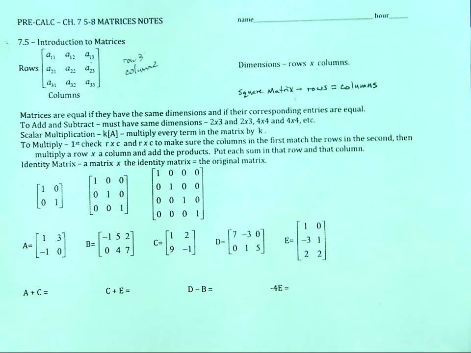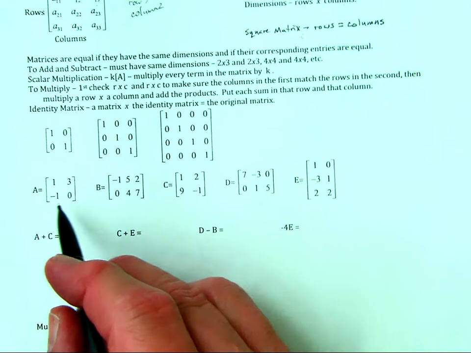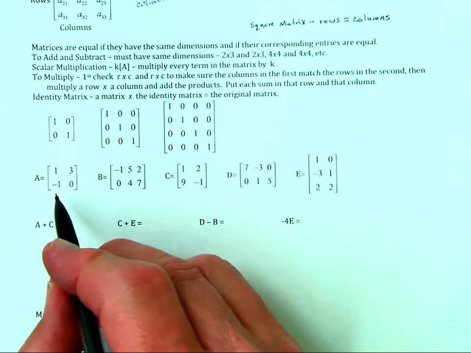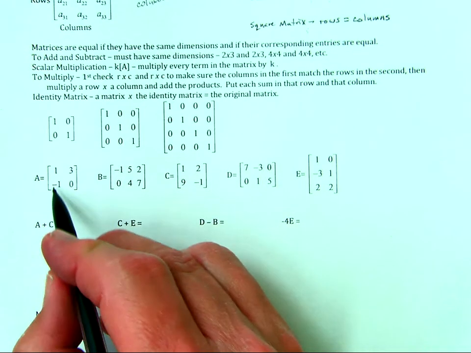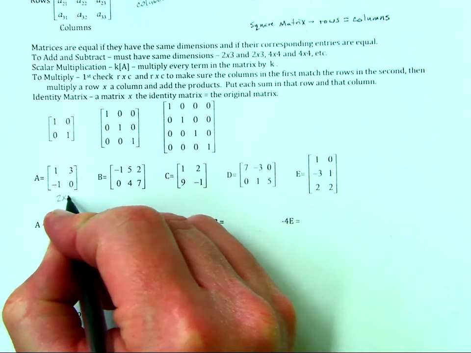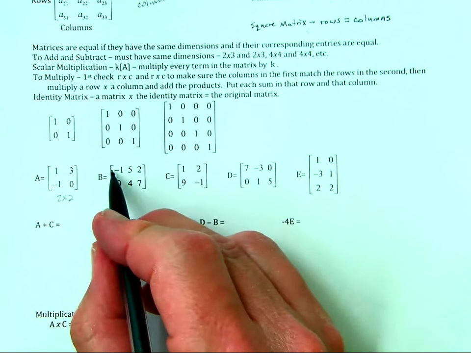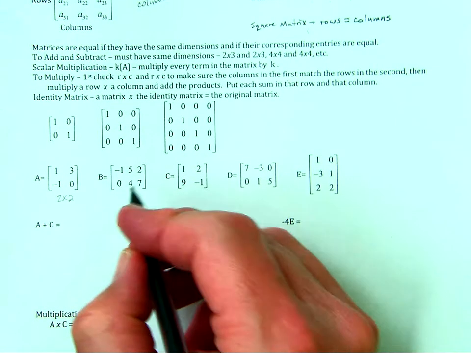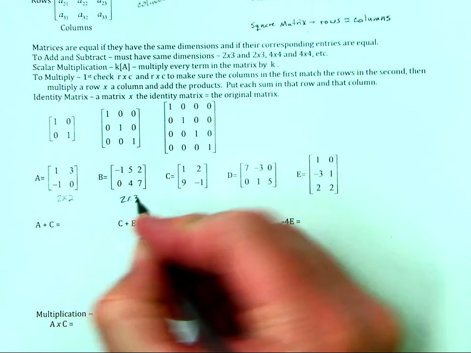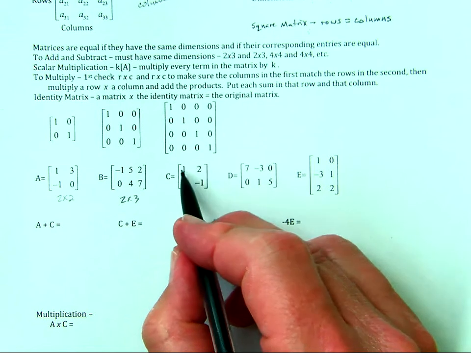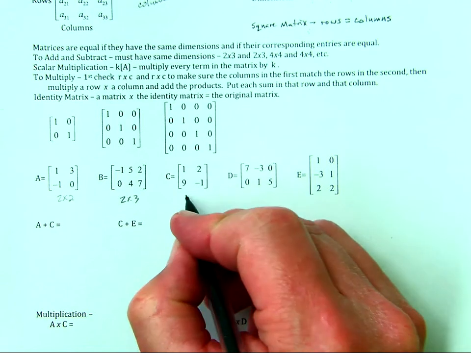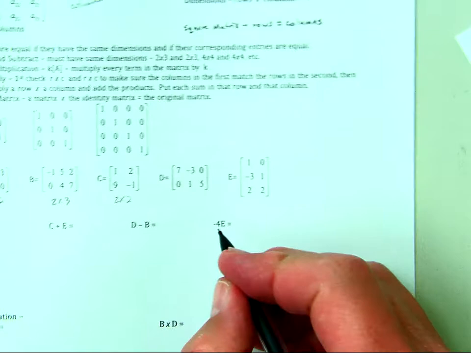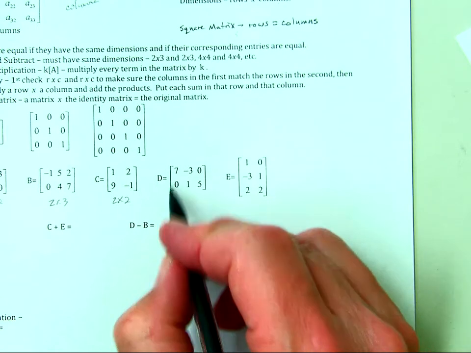So if we were first finding the dimensions, we just go through and count the rows and count the columns. Like this one here has 2 rows, 2 columns. So this is a 2 by 2. This one has 2 rows, 3 columns. So it's a 2 by 3. C again has 2 rows, 2 columns. It's a 2 by 2. D has 2 rows, 3 columns.